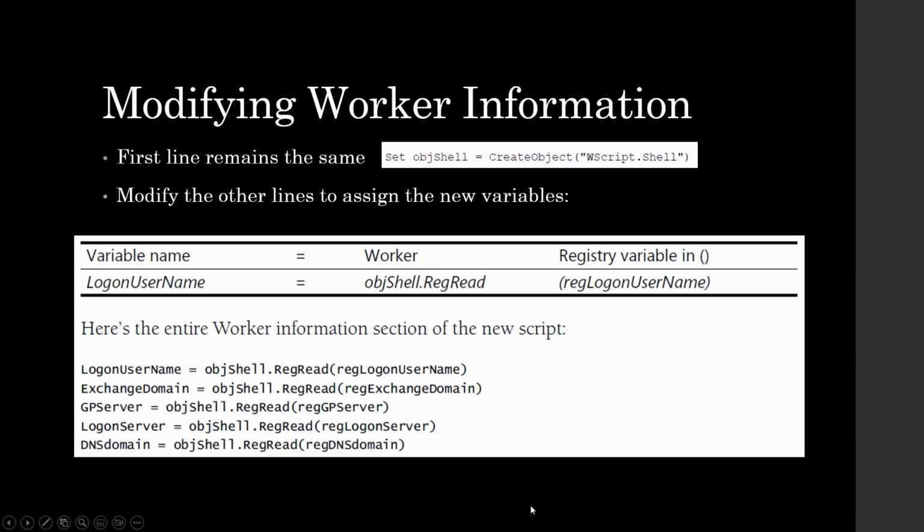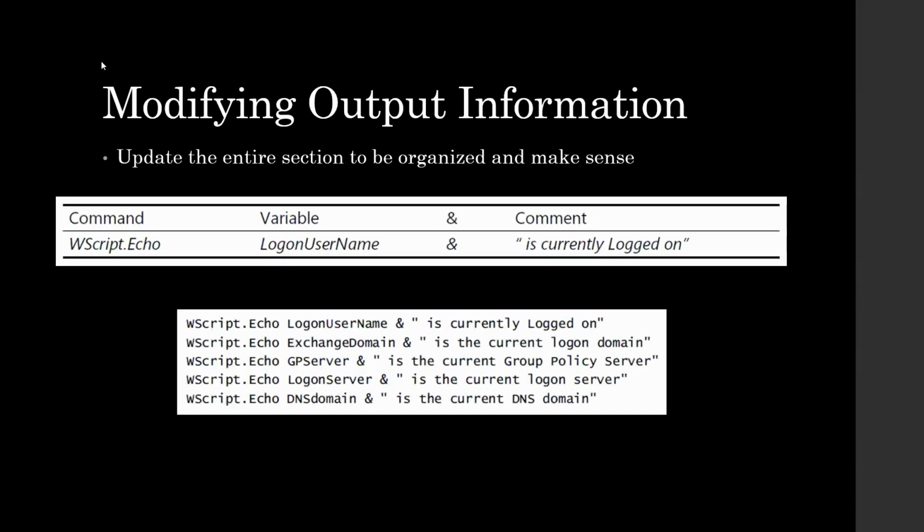and then we repeat that for the other 4. To modify the output information, first of all, you want to update the section and make sure that your messages make sense. So put them in a logical order as you would read it to actually make some sort of connection. But the syntax that we use is that we're going to use the command, which is going to be wscript.echo. We already talked about that a little bit.